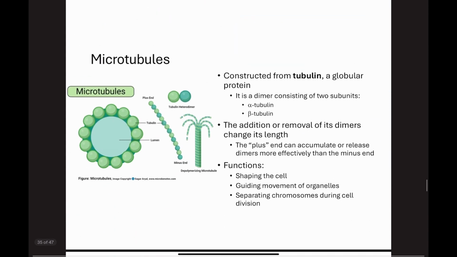So microtubules, we already said that they are made of tubulin, and they are globular proteins. And our tubulin is a dimer. And what that means is that it's going to consist of two subunits, which are alpha tubulin and beta tubulin. Our microtubules are dynamic because they can lengthen or shorten by the removal or the addition of tubulin dimers.